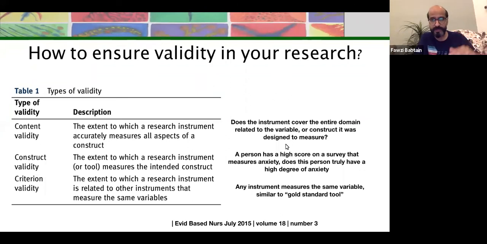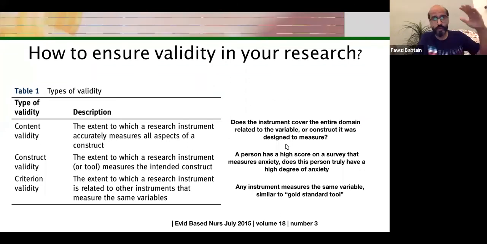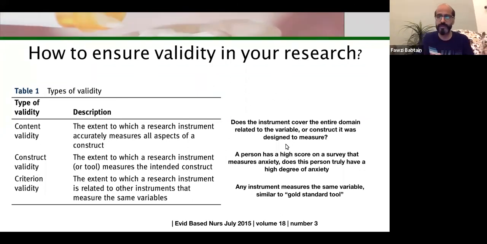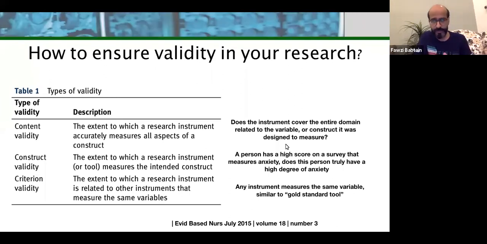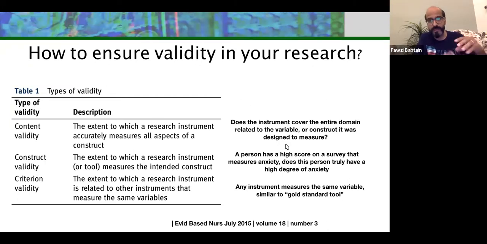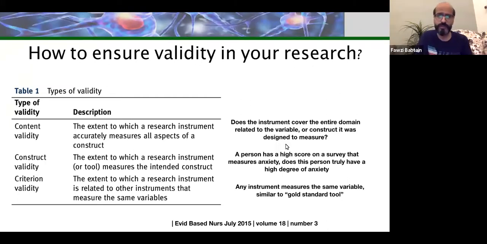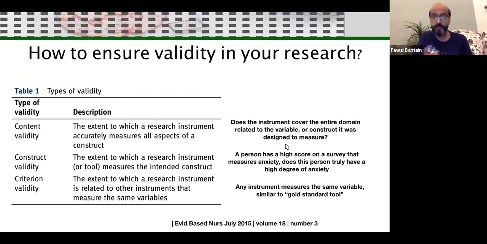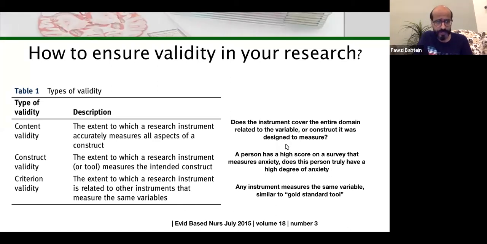Does the high score or low score really reflect the anxiety level? The better tool screens and really gives you the severity of the measure according to the severity of the scale.